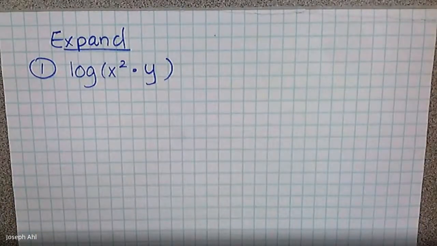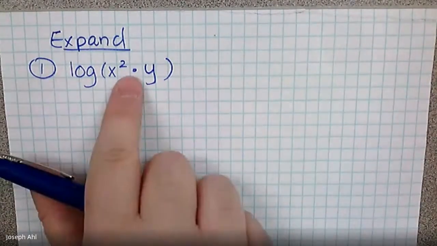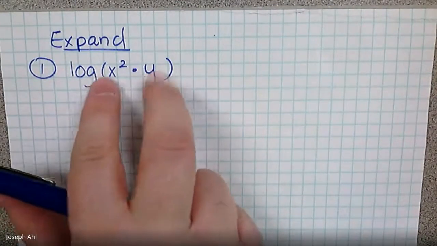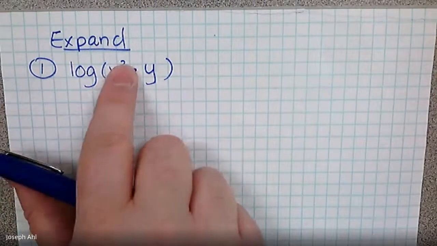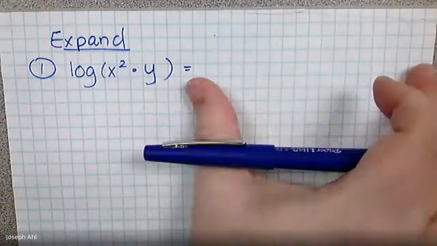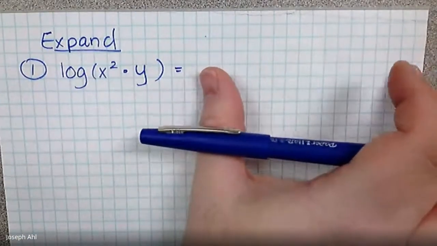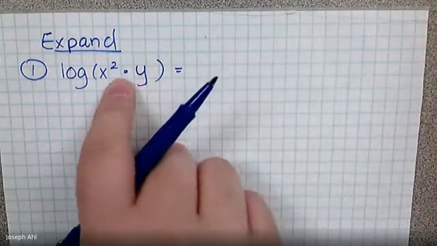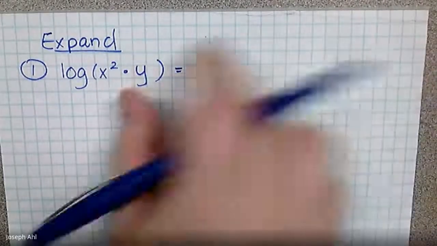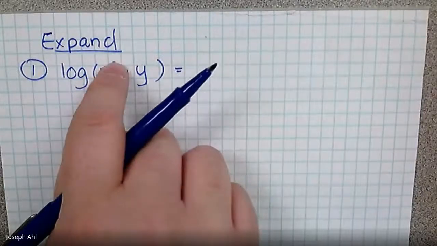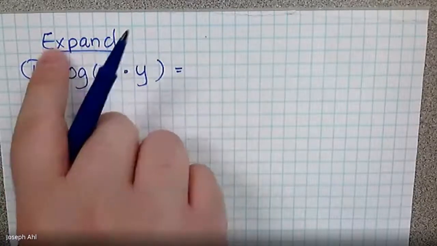There are two properties we're going to use to expand this. One of them is that we're multiplying these quantities, the other is that we're raising something to a power. So when I expand this, I'm going to separate it into two logs. I know that multiplication separates to addition, and the other thing that's going to happen when I expand is that powers will drop into the front of the log.